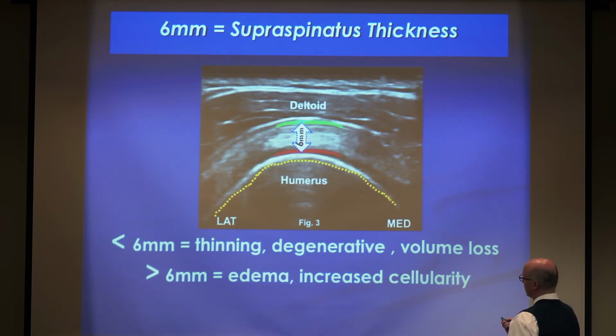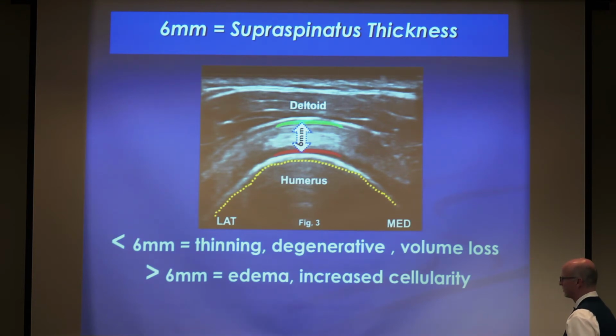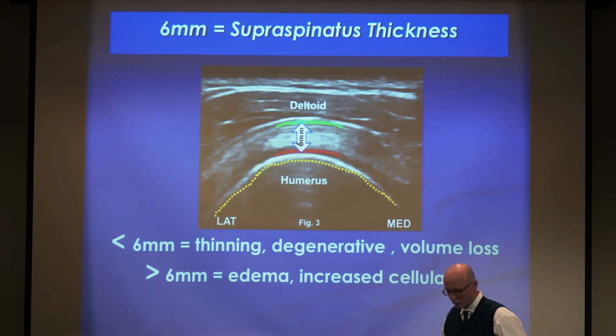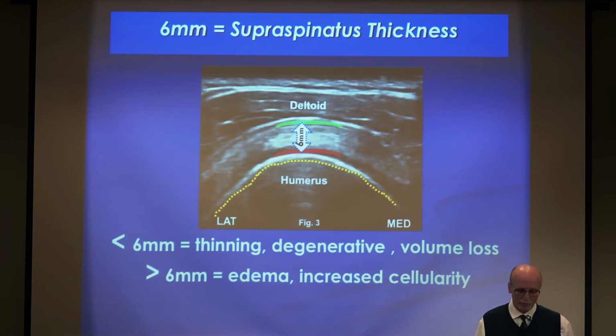So if we do this measurement and we have a measurement that comes back less than 6 millimeters, it is indicative of supraspinatus thinning or degenerative changes or volume loss. Now that's all relative to and referring to changes with chronic rotator cuff disease.